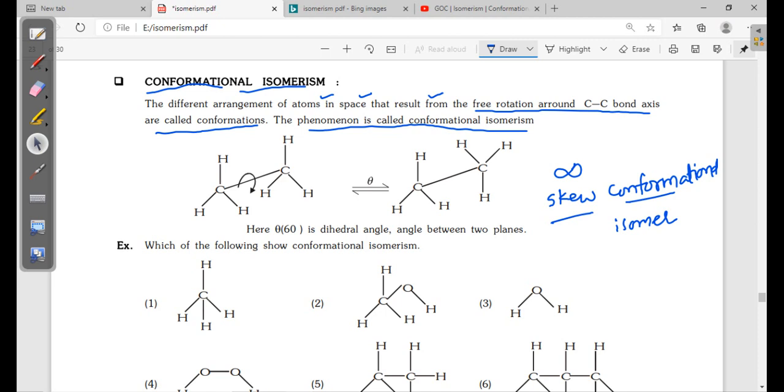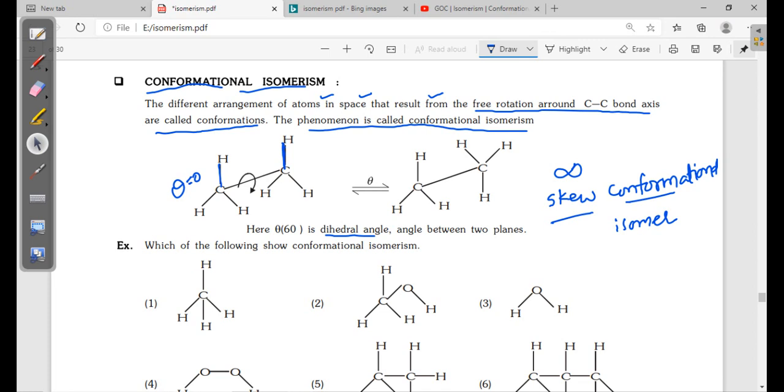First, here one word is dihedral angle. What is this dihedral angle? It is the angle between two planes. Suppose here this is one C-H bond, and exactly backside of this C-H bond another one is there, so theta equals 0 degrees.